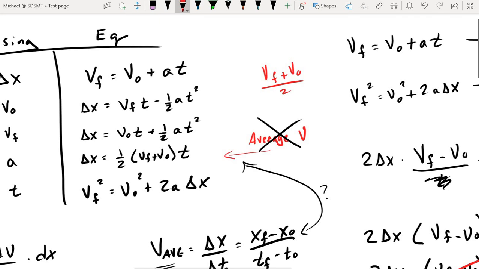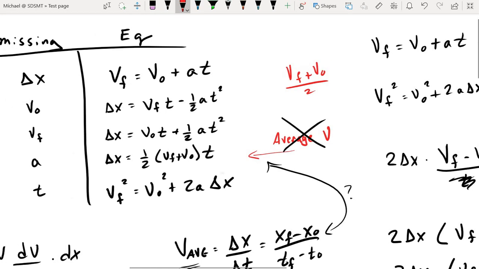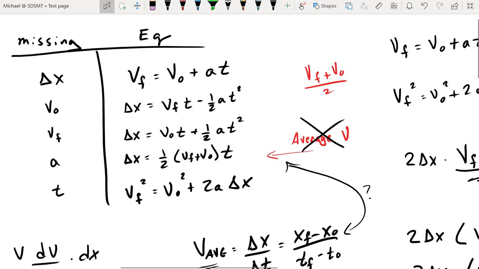And so you would be using the average velocity to solve for your displacement or your time, except there's nothing inside this expression that guarantees that your velocity is going to be linear with respect to your acceleration, unless that acceleration is in fact constant, which is not always a given, as we will find out in some future chapters.